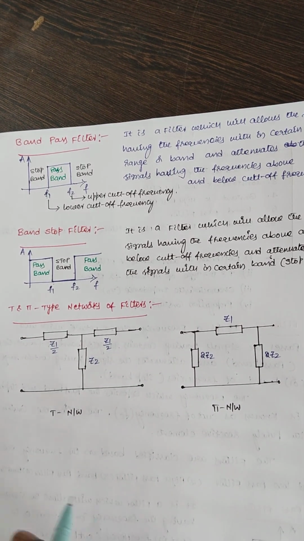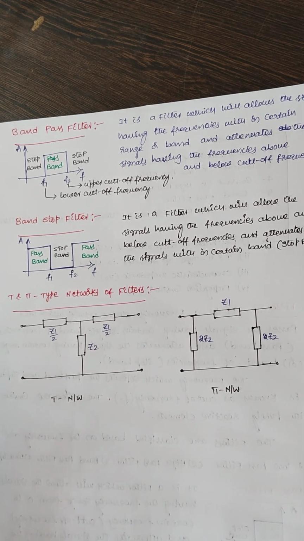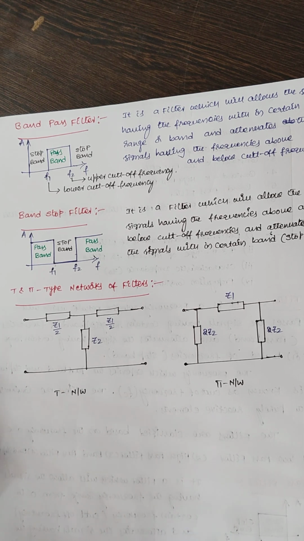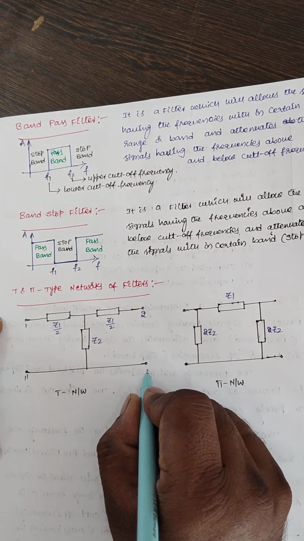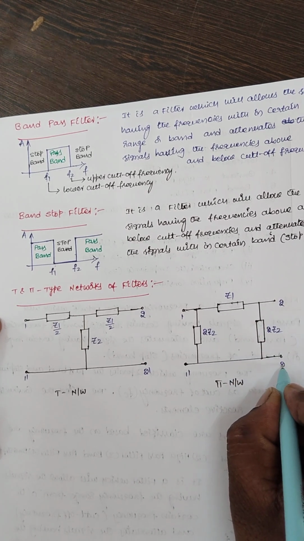Okay, next, coming to the next concept, characteristic impedances. Here it is 1 dash, like a 2-port network, 2 dash, 1 dash, 2 dash.